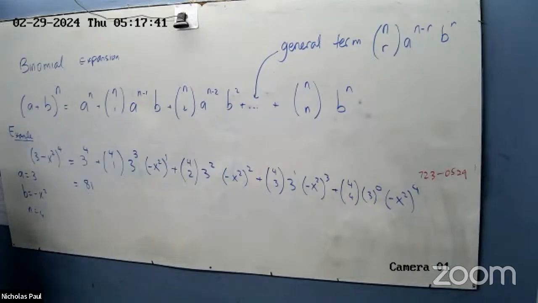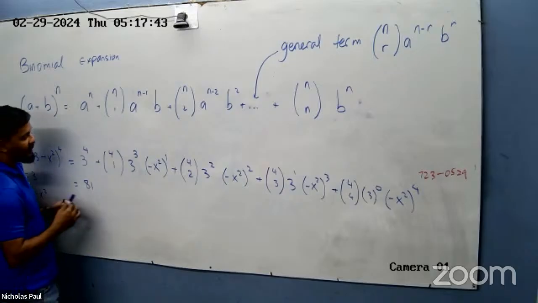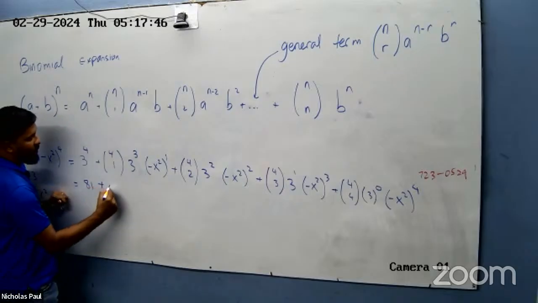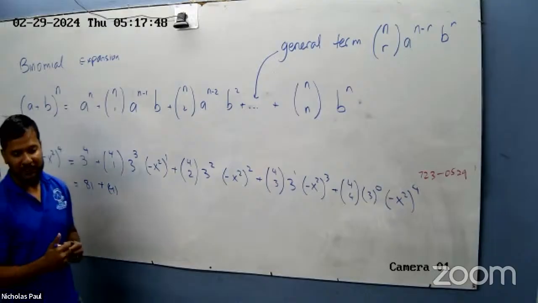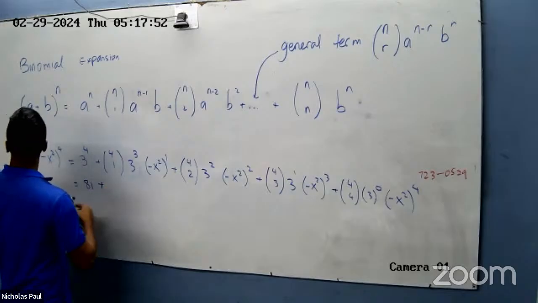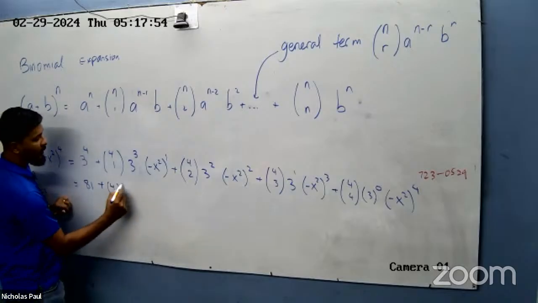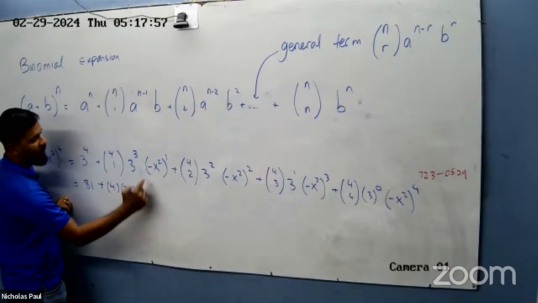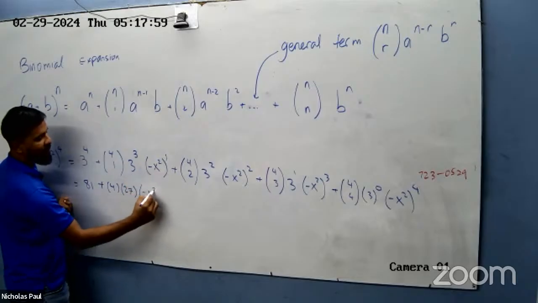How much do you got? 4. Nice. 4 nCr 1 is 4, right? Those who are online, remember you're pressing 4, look for nCr and then press 1 and you should get 4, right? So you'll get 4 by 27 minus x squared to the 1 is minus x squared.